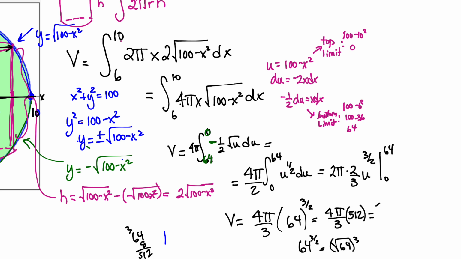So if I wanted to work it through, I think I get 2048 pi over 3. That's what I get.